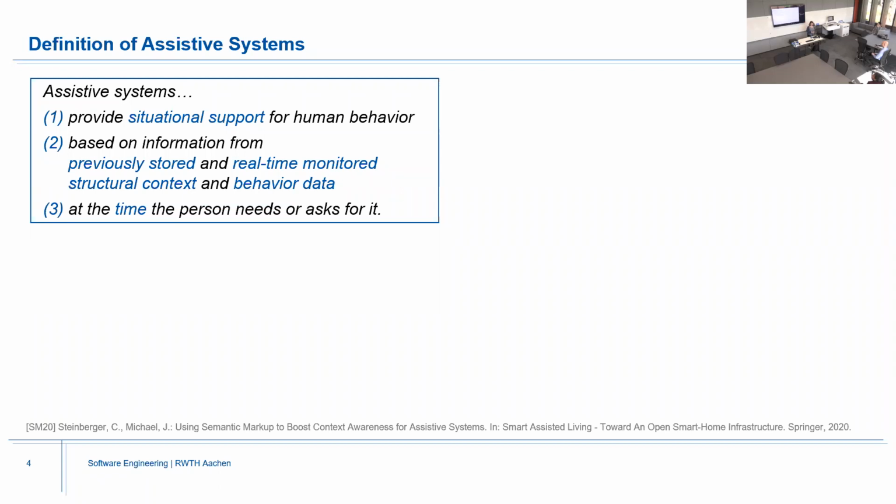Those systems provide situational support, which means we need to know information about the situation a person is in. This support is based on information which we have previously stored, which is some kind of process information, for example, that you have beforehand, but also structural context and behavior data, which is real-time monitored, which means you need sensors and sensor information. And you provide that support at a certain point in time where the person needs it or asks for it.